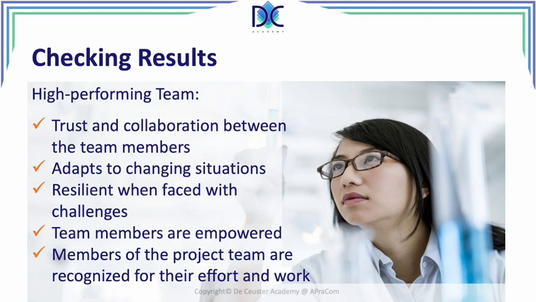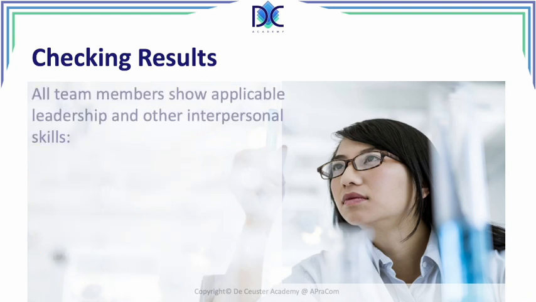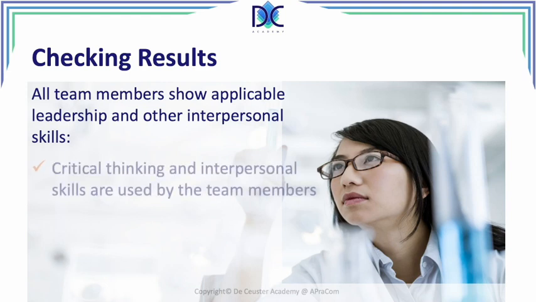The last element we will be looking at is that all team members show applicable leadership and other interpersonal skills. Critical thinking and interpersonal skills are used by the team members. They use the interpersonal skills. They apply critical thinking, which are two very important elements when you look at leadership skills.